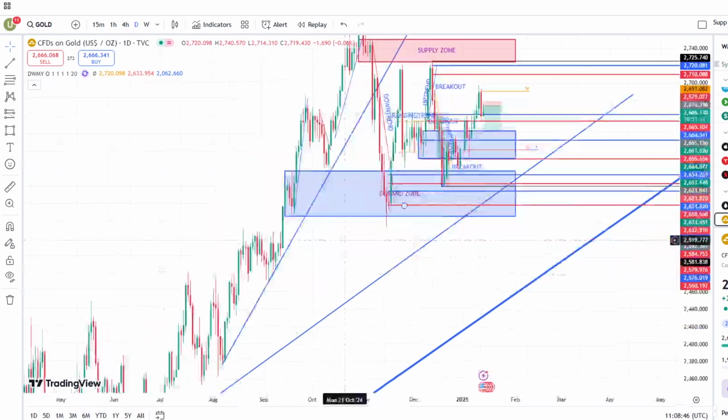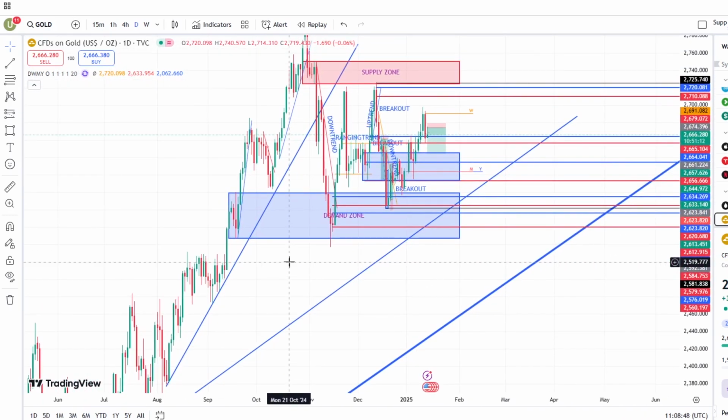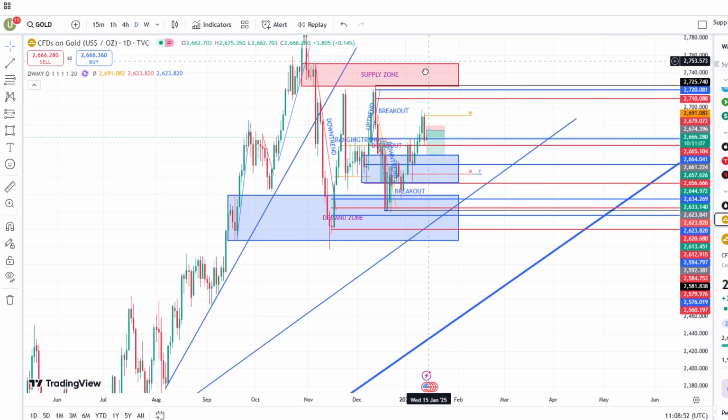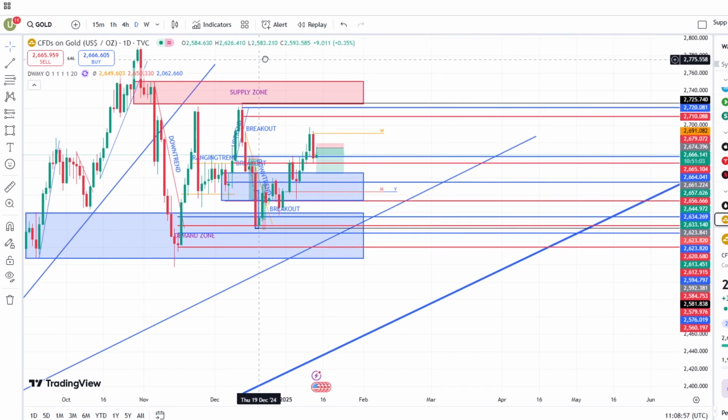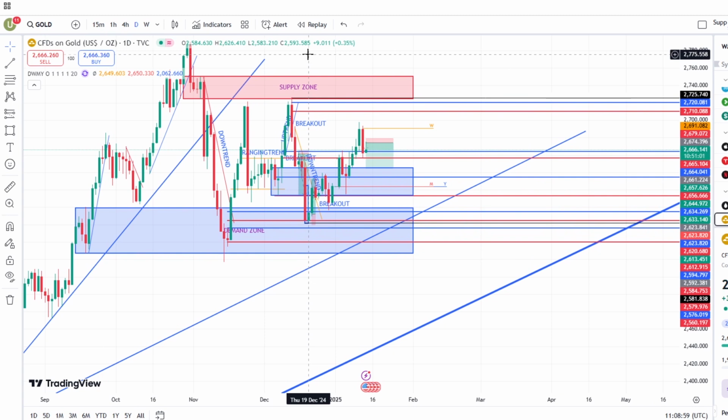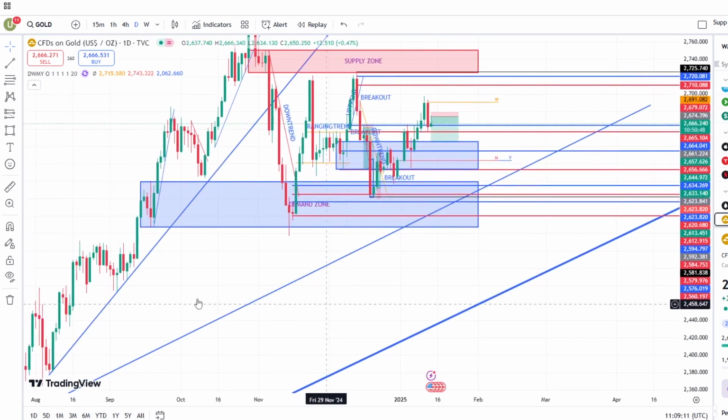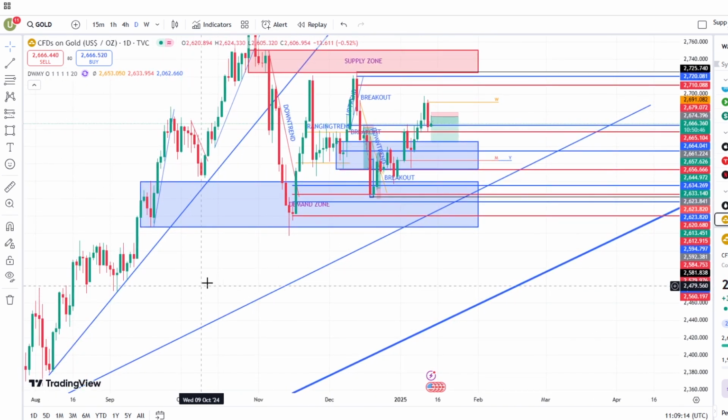In our daily time frame we had an uptrend, and after our uptrend we had a breakout. Since this breakout, I've been trying to figure out if we're going on a downtrend or we're just ranging, and then we're going to go up further. We'll have to see that as we keep analyzing this chart.